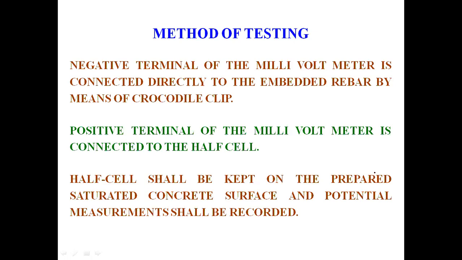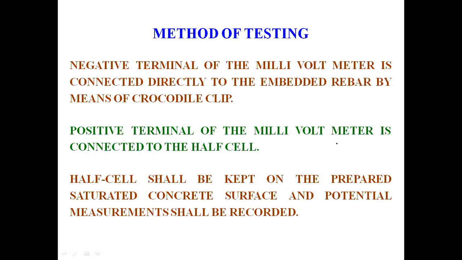of a crocodile clip. Let me show you a small video of how the half cell potential measurement equipment is going to be used, and how this millivoltmeter is connected to the rebar with the help of this crocodile clip. And next, the positive terminal of the millivoltmeter is connected to the half cell. So there will be two devices.